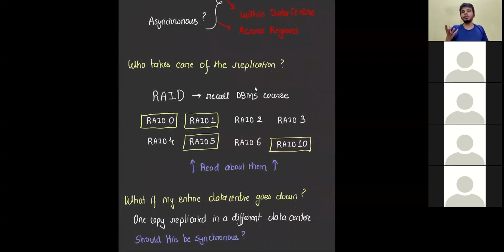Now, there is one more place of doing replication, which is using RAID formats. So RAID 0, RAID 1, RAID 5, RAID 10. A disk can have RAID configured, something that you might have studied in your database course. Within that disk, let's say you have a 1 terabyte hard disk.